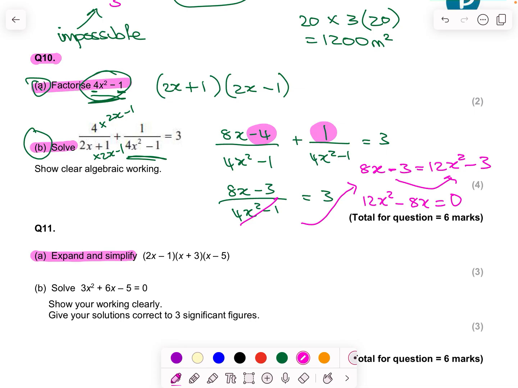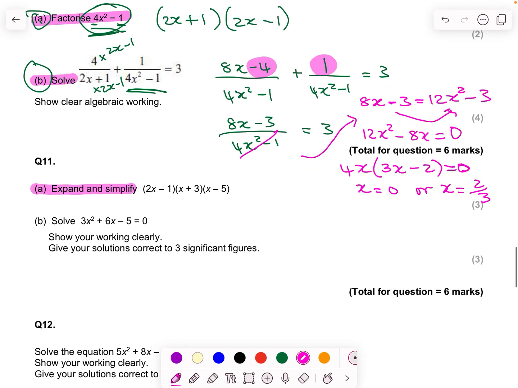So then I can take 4x outside the brackets, and inside the brackets it's 3x minus 2 equals 0. And so our two solutions are x equals 0 or x equals 2/3. Okay. And if you're not sure how we got that, then remember to ask me.